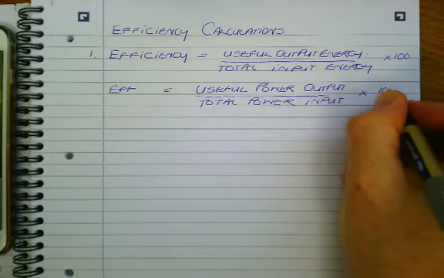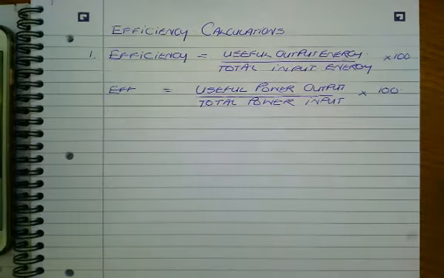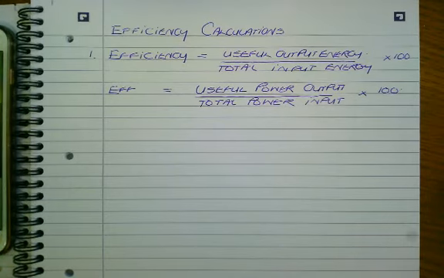Again, you might be asked to do that as a percentage, which means you would just multiply it by 100. It is really important to remember that it's the useful power output or the useful output energy divided by the total input. If you get them the wrong way around, you will get an answer greater than 1 or an answer greater than 100. If that's the case, you know you've done it the wrong way around.